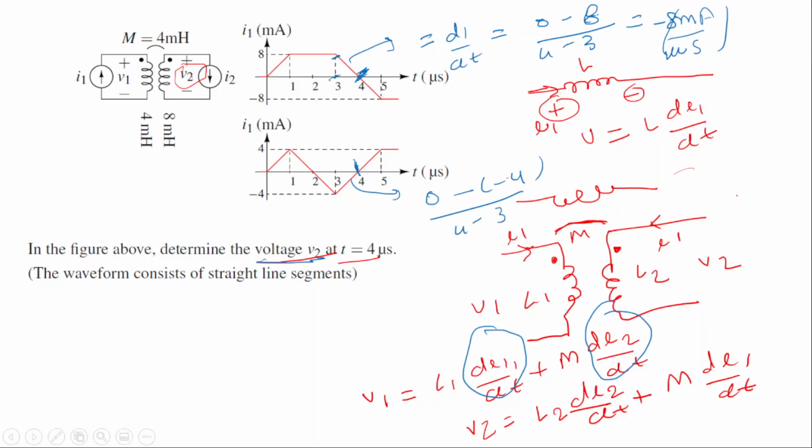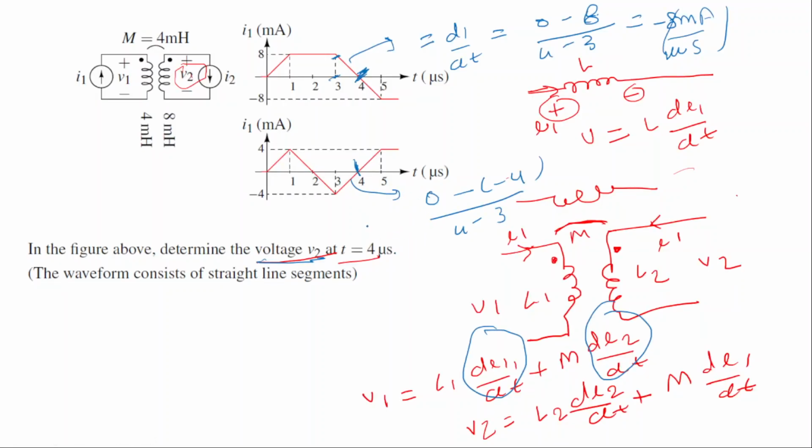So this will be equal to 4. So the slope at this point will be equal to 4 milliampere per microsecond.